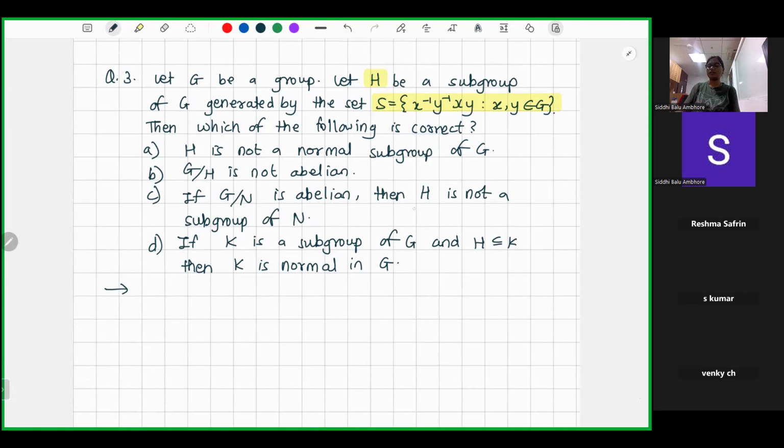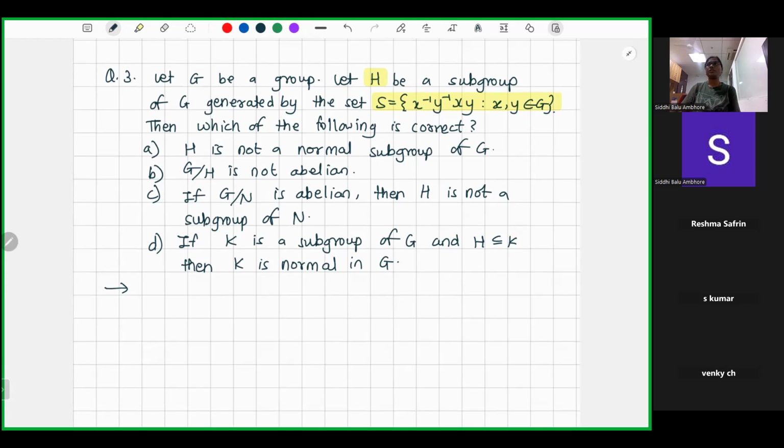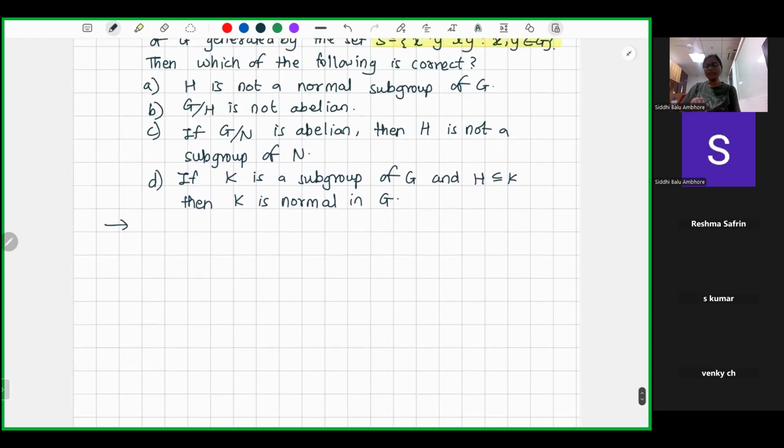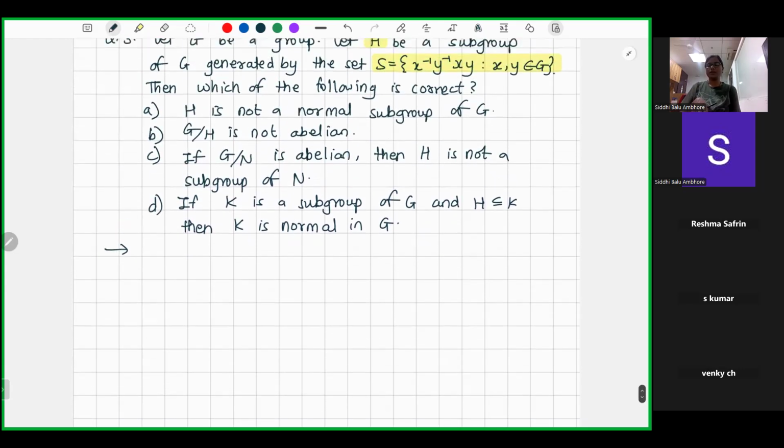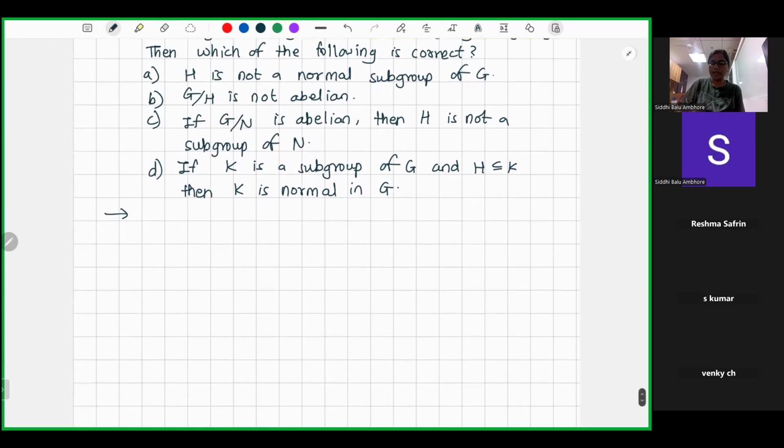Because what does this mean? H is not a subgroup of N. So they want to know whether this H will always be contained in any such subgroup N of G or not. And the last statement is that if K is a subgroup of G and it is given that H is contained in K. So note that K is here, H is here, and G is here.